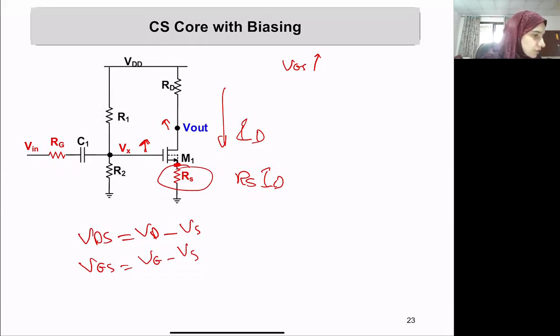Since VS is going to increase, this will reduce VGS again. So it's a mechanism to fix any changes in the VGS. VG increases, VGS will increase, current will increase, VS will increase, VGS will reduce. So we are solving this issue, making sure that VGS remains in a controlled manner. Anybody got this? Yes, ma'am. Okay, thank you.